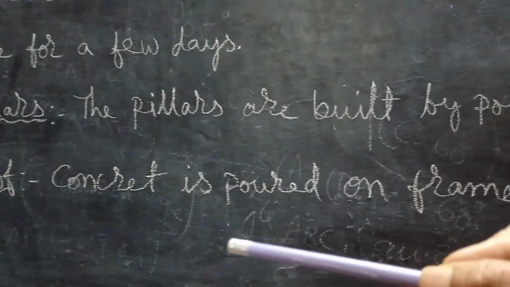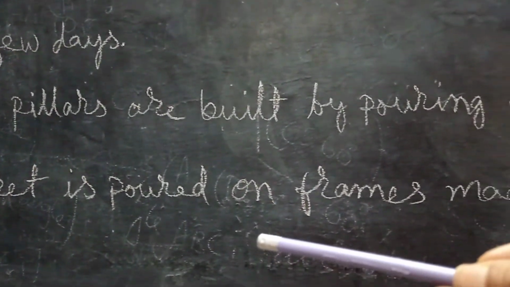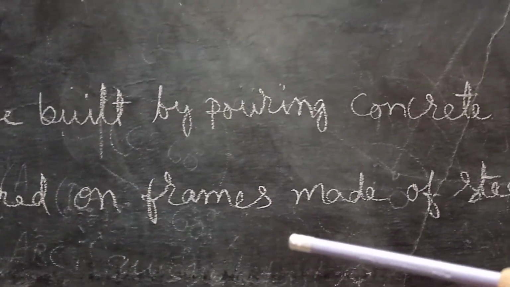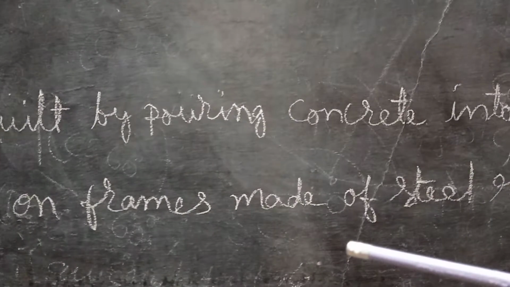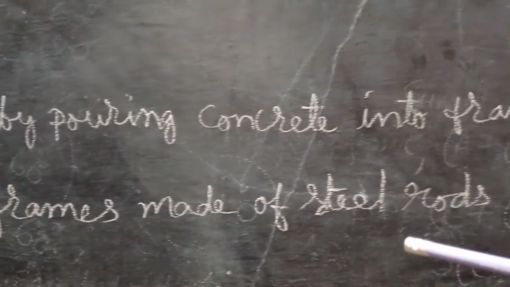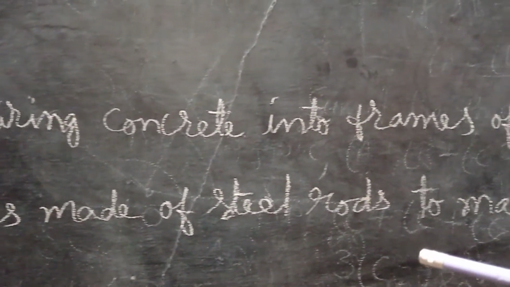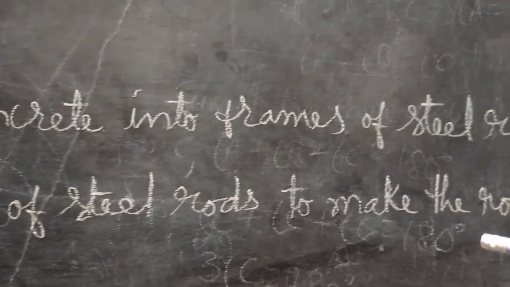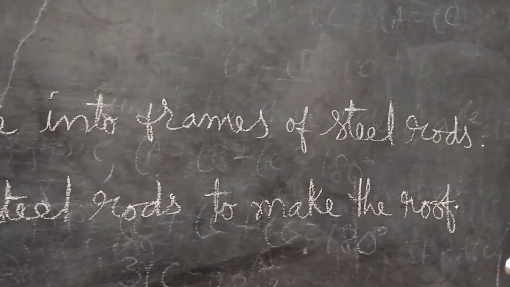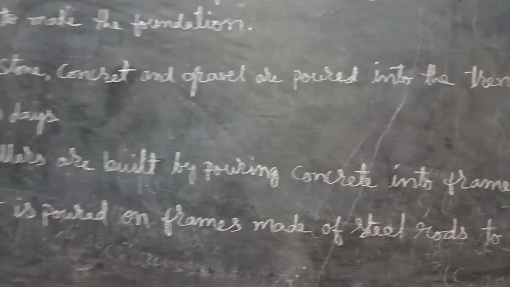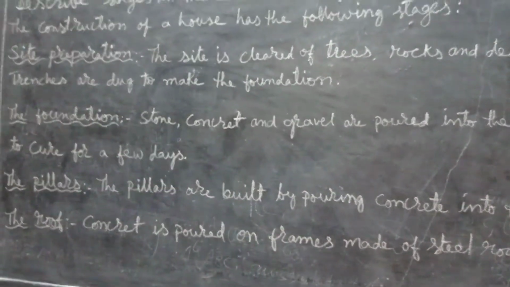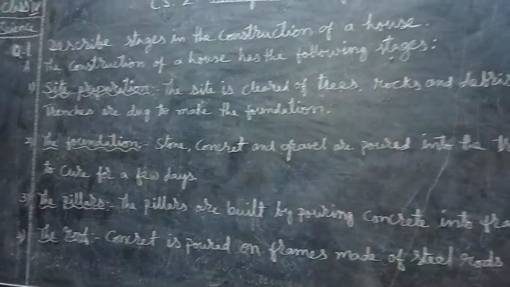Concrete is poured on frames made of steel rods to make the roof. So these are the first four stages. You can copy in neat handwriting.